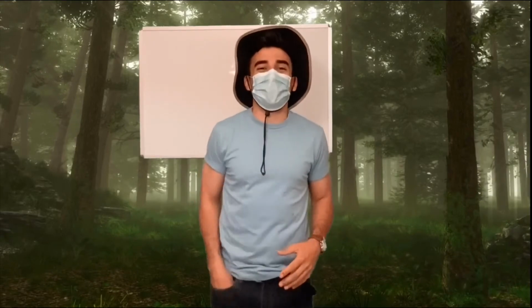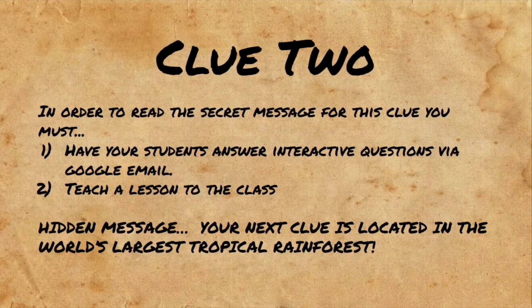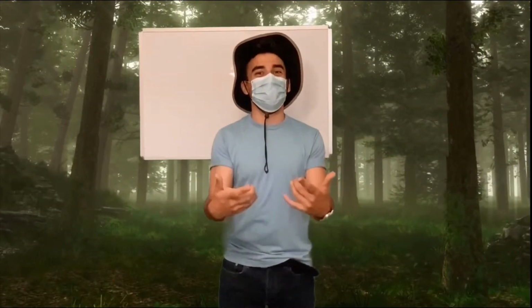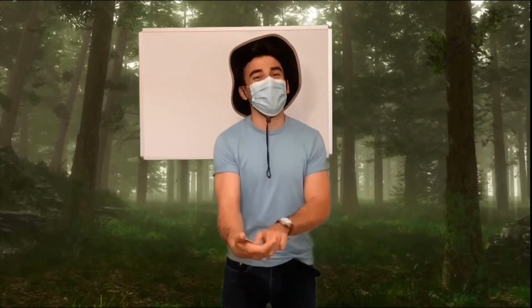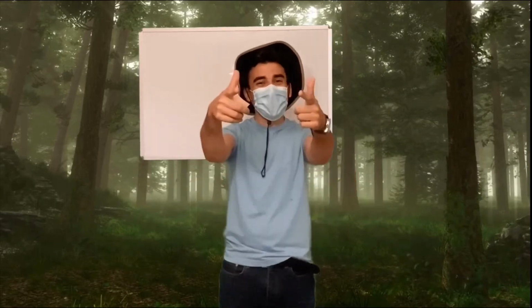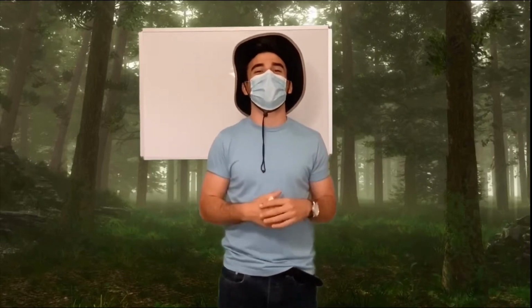Let's see if this hidden message appears. Your next clue is located in the world's largest tropical rainforest. After our unit on ecosystems, this one's an easy one. Tell me the answer. Oh yeah, you already know, the Amazon tropical rainforest.